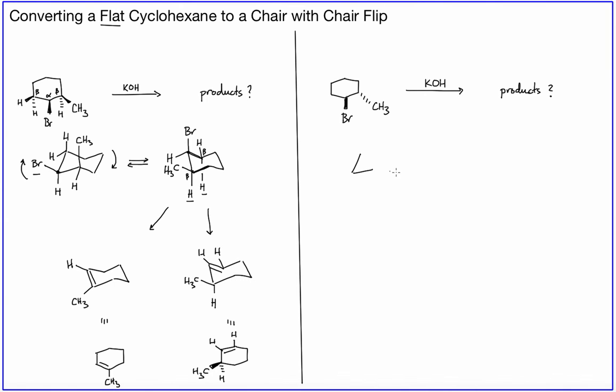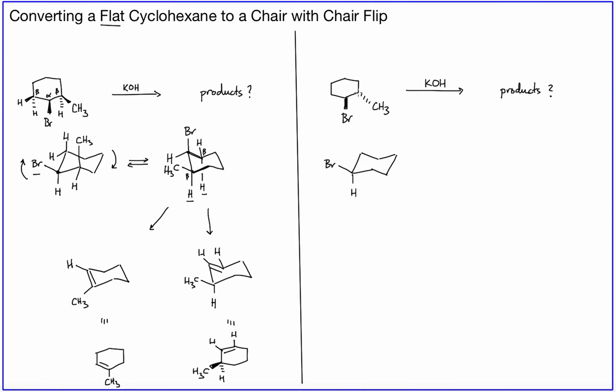We start with our V shape. We draw parallel lines, and we end up with our V shape. Again, I'm going to put the bromine as up. So bromine is up. The axial hydrogen here is going down, which I've not drawn in.